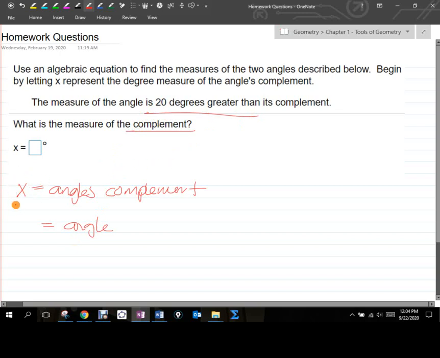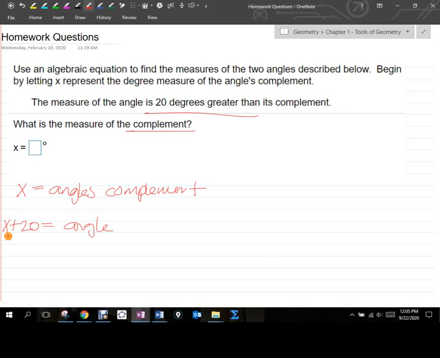Well, if its complement is x, how do I write 20 degrees greater than x? x plus 20. Or you can go 20 plus x. But it's got to be greater than, so like I think I heard 20 times x. If you go 20 times x, that phrasing would be that they would probably say it's 20 times bigger.